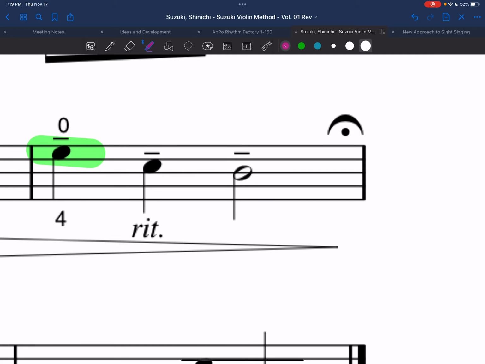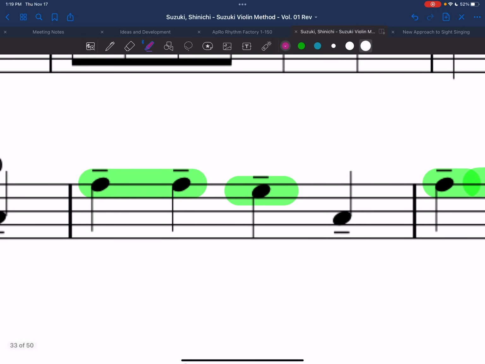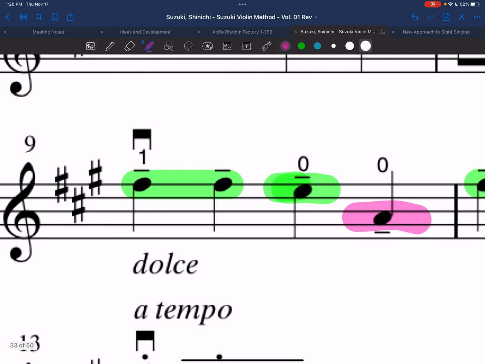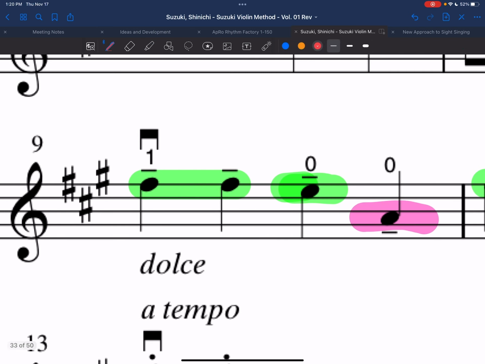So I'll highlight these. I can highlight this one, A0 and A0. Then, just to be sure, if you would like to mark these, it's E1, E0, A0.